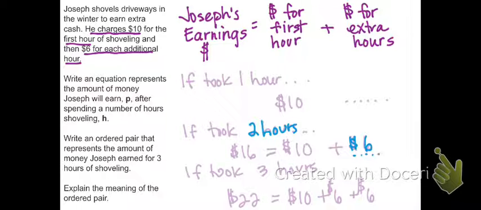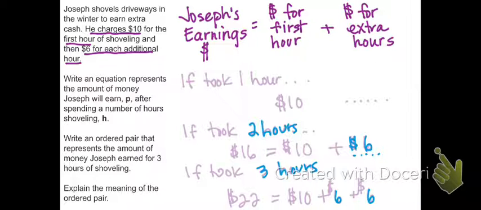Once. So 1 less than 2. How many times do we add $6 when he took 3 hours to shovel? Twice. So we added $6, 1 less than the number of hours that he shoveled.